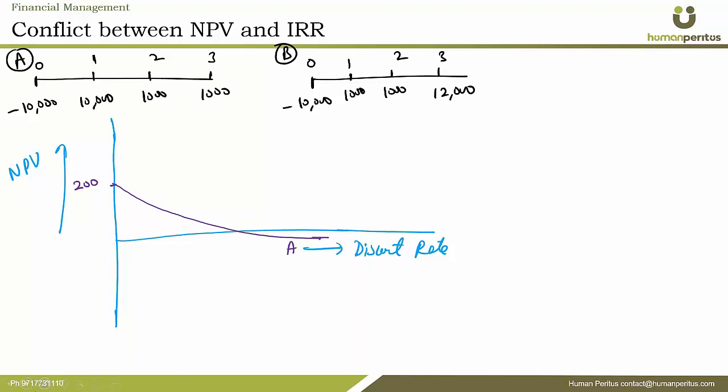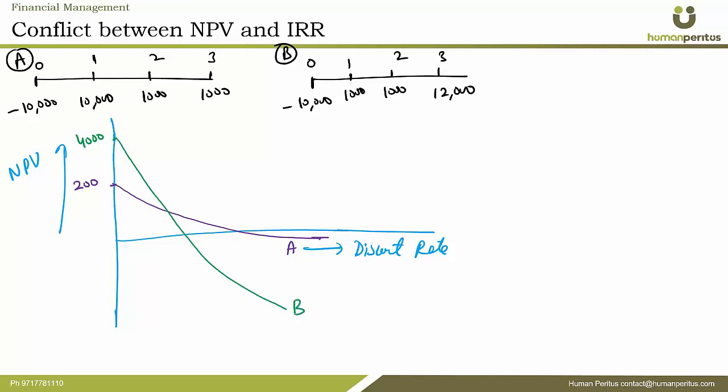Now for project B, what is the NPV at the 0 discount rate? It is 4,000 rupees. You can calculate it if you want. So it will start from here and go down, down, down, and it will go like this.